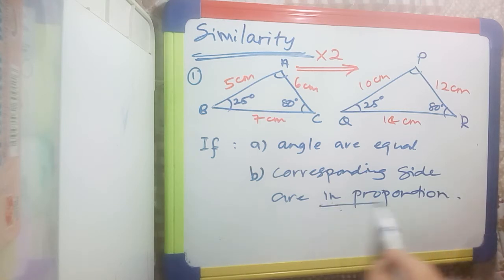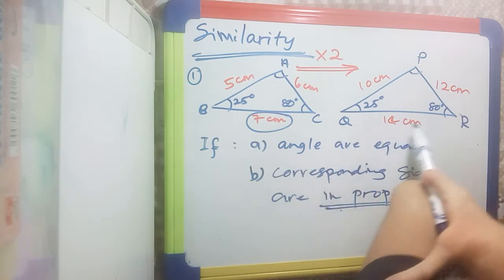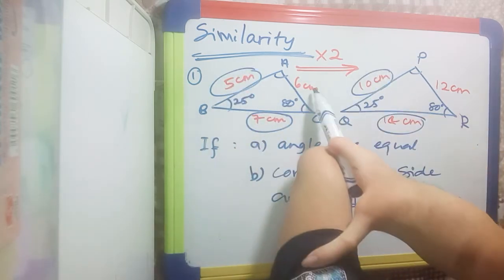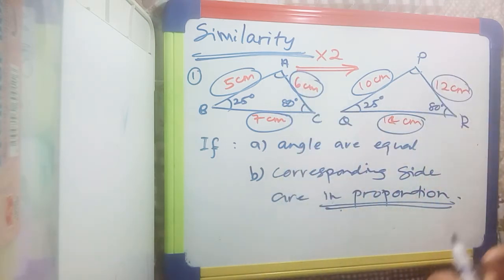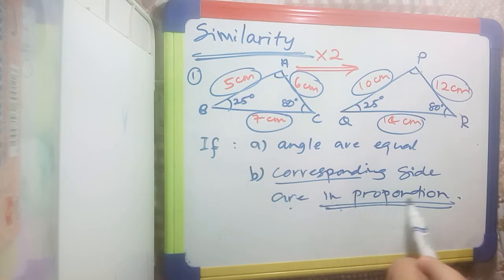What does it mean by in proportion? Meaning that if this length I multiply by 2, the rest of them also must be multiplied by 2. This one also multiply by 2. So that's what it means by corresponding sides are in proportion.